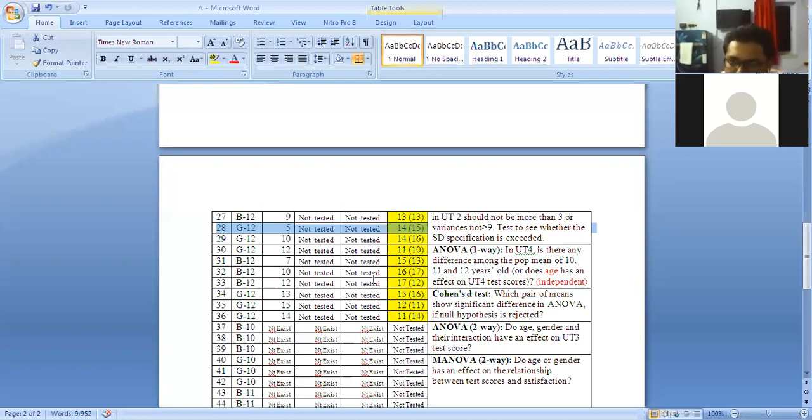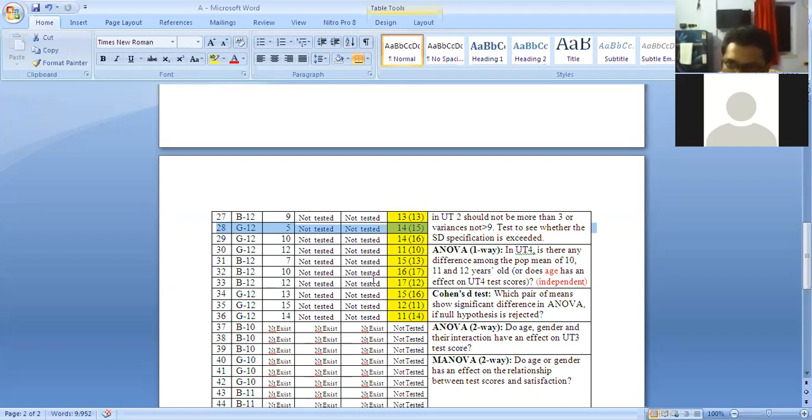Suppose your 10 years average may be equal to 11 years average, but the 11 years average may not be equal to the 12 years average. It may happen. If this happens, then also your null hypothesis will be rejected in one-way ANOVA. Or it may so happen that the population means for 10 years old, 11 years old and 12 years old all are different.